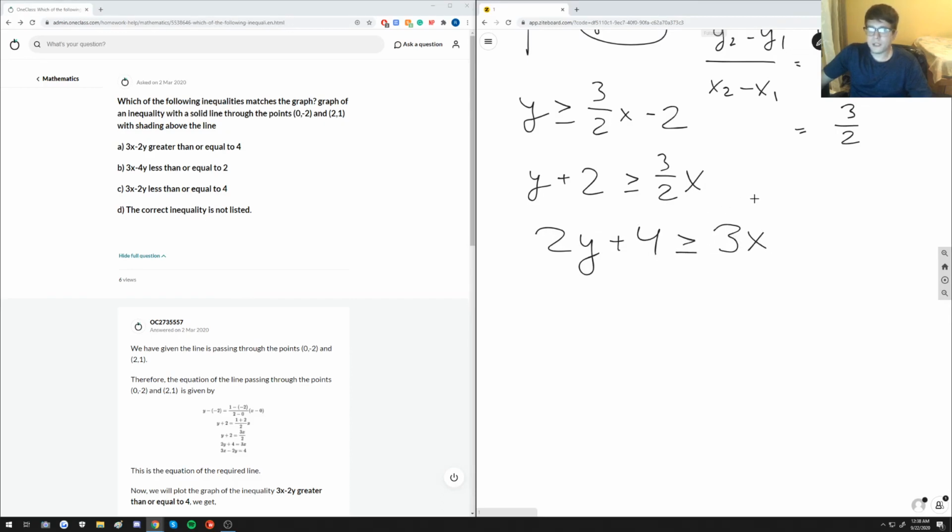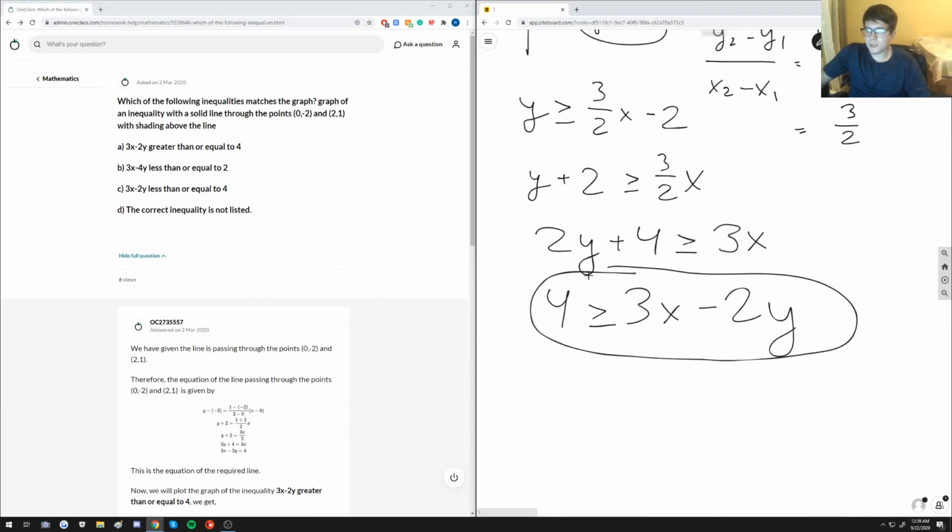Finally, I see that a lot of the answer choices have the constant by itself. So I'm going to subtract this 2y to that side, and I get 4 greater than or equal to 3x minus 2y. Now I'm going to look at my answer choices. A, 3x minus 2y is greater than or equal to 4.